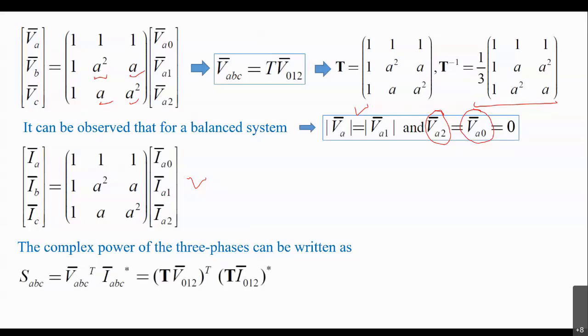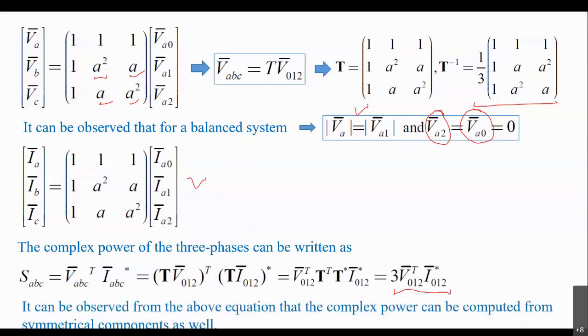So if I convert this VABC with the transformation matrix into V of 0, 1, 2 transpose into T of I 0, 1, 2 conjugate, then manipulating, we get V 0, 1, 2 transpose T transpose T conjugate I 0, 1, 2 conjugate. T transpose and T conjugate give 3, so it becomes 3 times V of 0, 1, 2 transpose and I 0, 1, 2 conjugate.